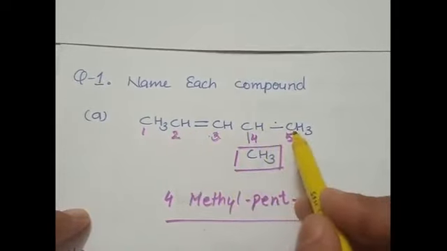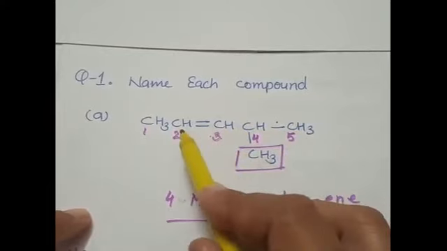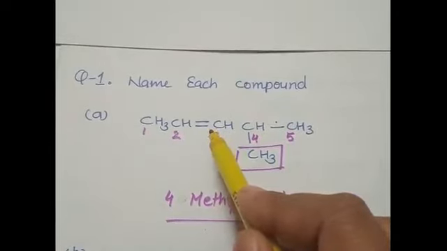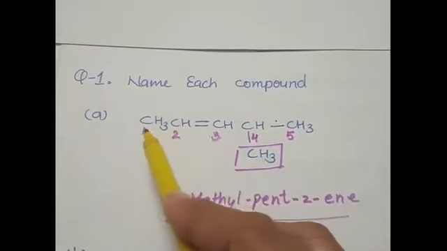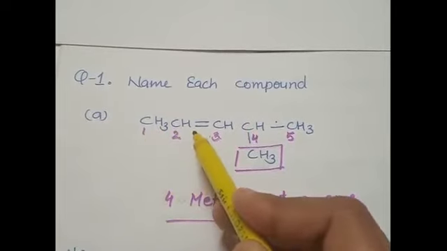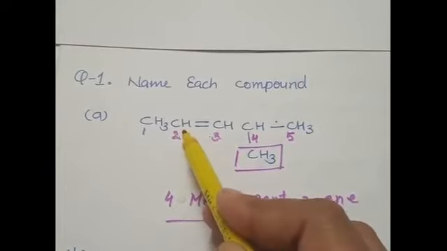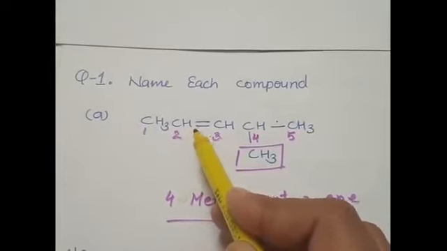But if we start counting from here, 1, 2, 3, 4, this carbon will get the third position, and that is not correct. So we have to count the numbers from this side, as this gives the priority to the second carbon, or you can say the carbon attached to the double bond.